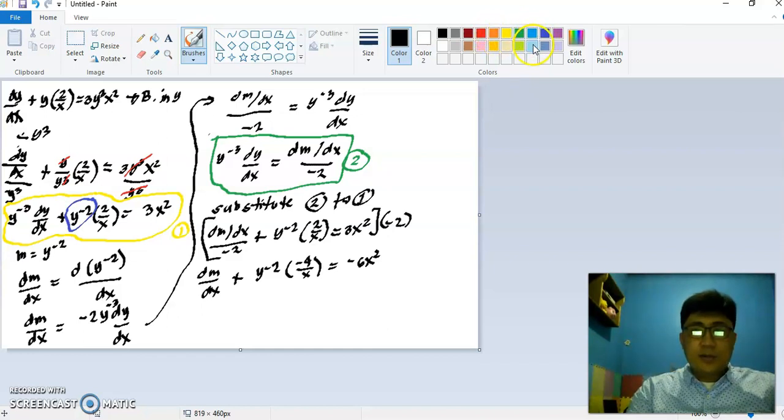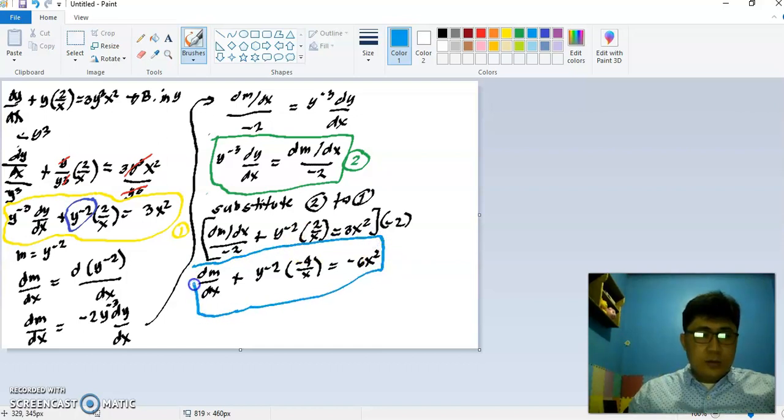Okay, so let's use this. This is the equation that we will be using to get our P(x) and Q(x).